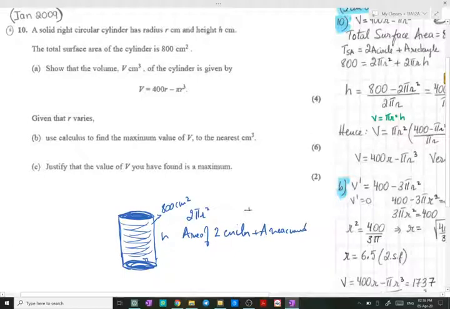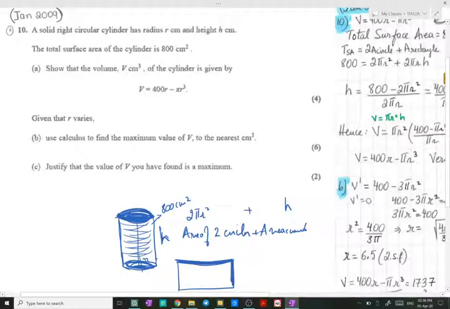The area of the curved surface is a rectangle. If you open this cylinder, you're going to have something like this. It's a rectangle with the height h, and the width or length resembles the circumference of the circle.